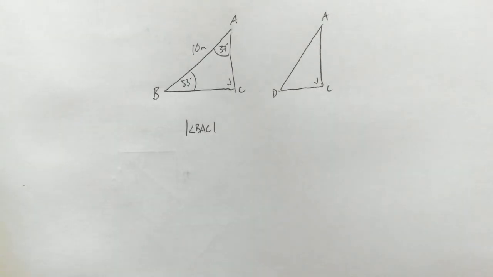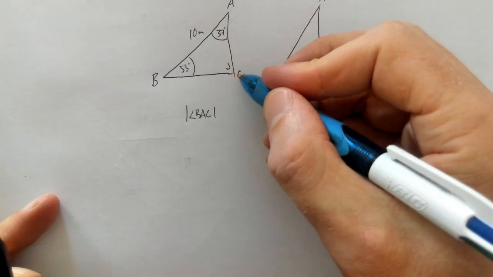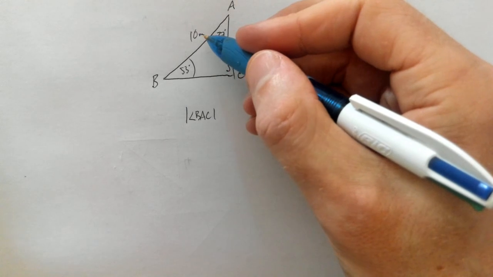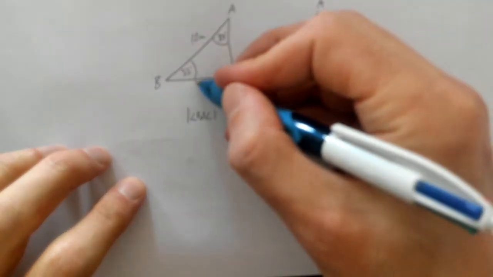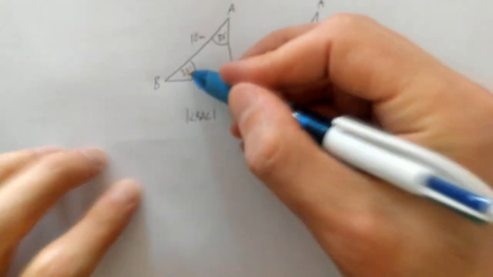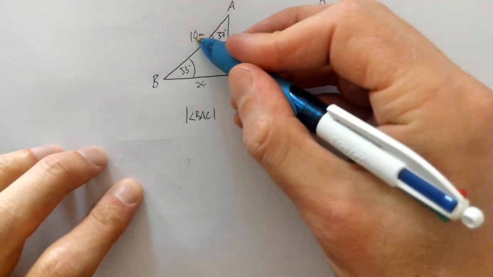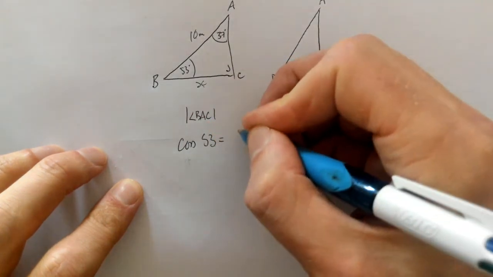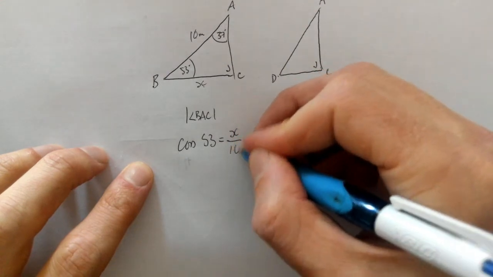Next, it asks us for BC, so this point here. Now we've got options. Let's use the information we had originally. I want to find out x. Let's use 53, because we could use 37 and have the opposite and all that, but let's use the 53. We want the adjacent, and we've got the hypotenuse. So I can write cos 53 is equal to adjacent x over hypotenuse 10.